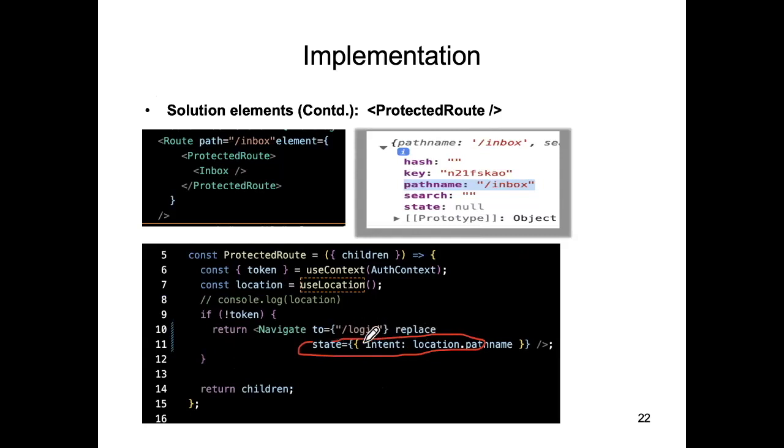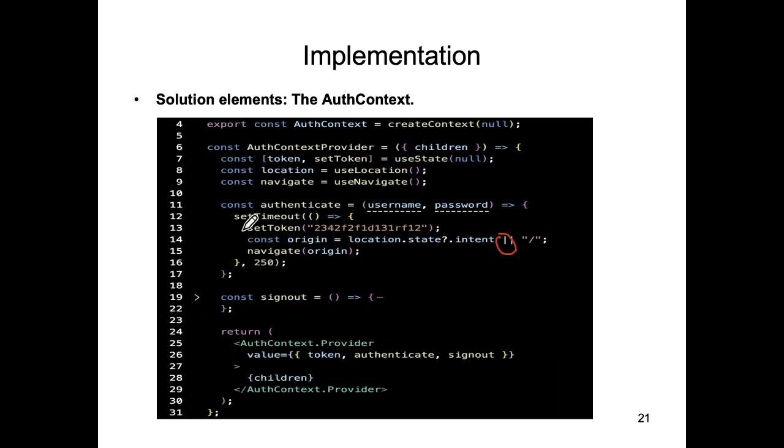Here I'm setting up state.intent so that when eventually the protected root component and its authenticate function executes, it can actually pick up that value. In other words, it can find out where the user was trying to go to before they were forced to log in.